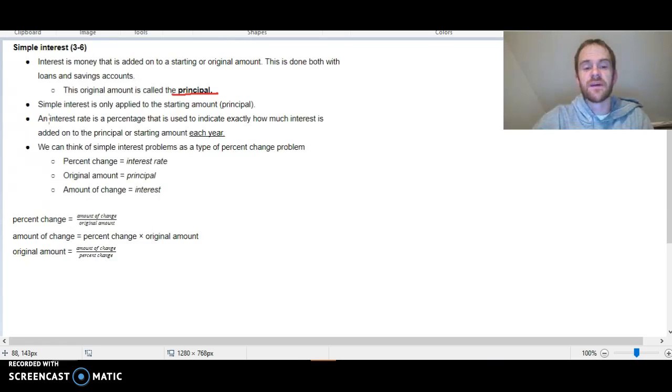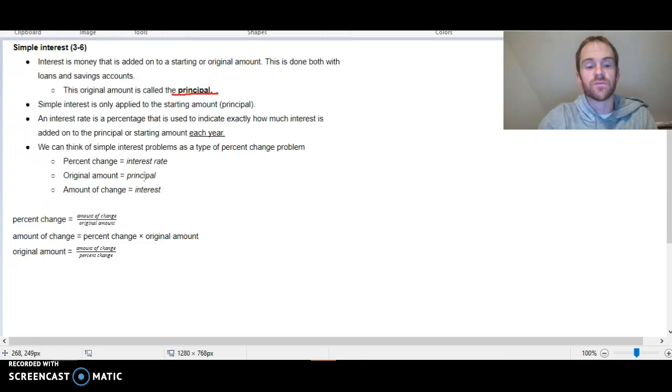Except instead of using the terms percent change, original amount and amount of change, we might see interest rate, but know that that just means the same thing as percent change. And then we might see principal, which is the same thing as my original amount. And then interest is that amount of change.